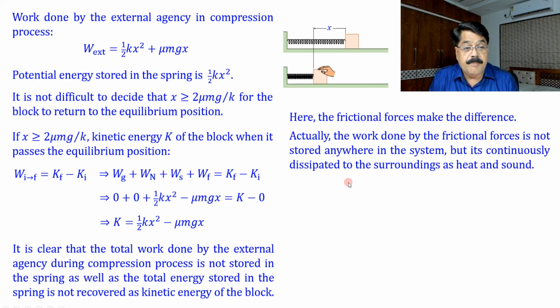Now it is very important. Frictional force and spring force are two distinct types of forces. The spring force has the capability to store energy, but frictional force has no such capability. As it receives energy, it dissipates it. It cannot store energy. So in this way, we have two kinds of forces. One which can store energy, mechanical energy, which we will later call potential energy, and other forces which cannot store energy.